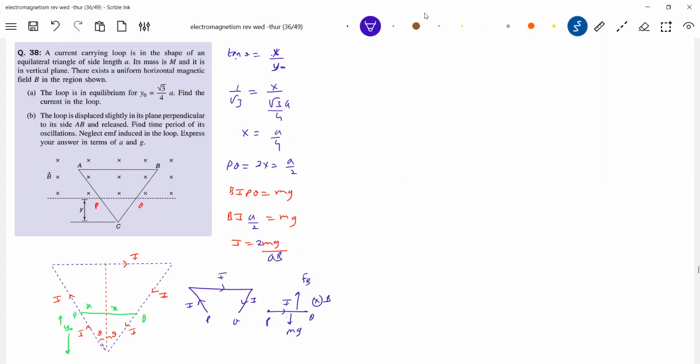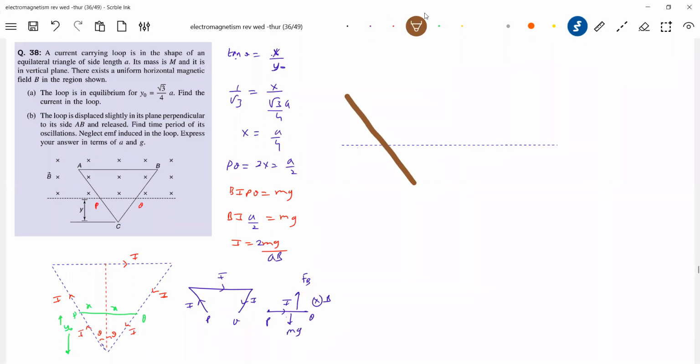Okay, next part of the problem. I'm going to displace it slightly. So mg will remain as it is, no? So if I displace the loop slightly, let me take this as the reference line.